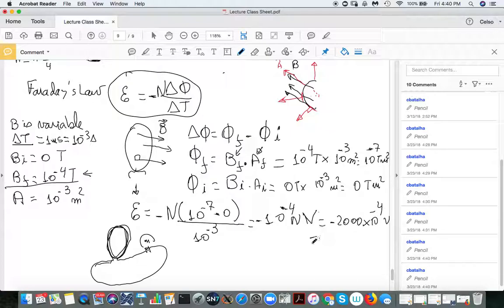And that is pretty much what? Negative 0.2 volts.